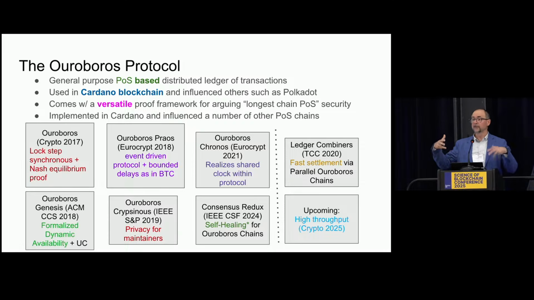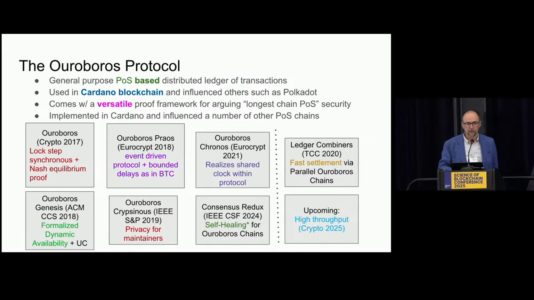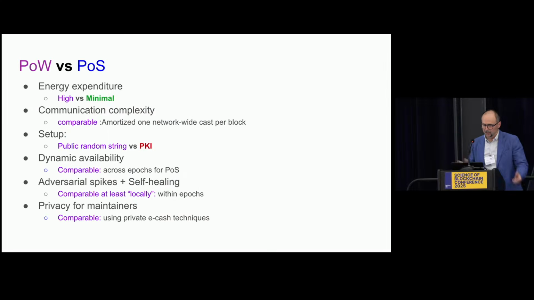Furthermore, the proof framework itself found use going back to Bitcoin, and using the same framework, we were able to analyze the Bitcoin blockchain in a more refined way, coming up with results such as a tight analysis of its settlement properties. So with this and many other efforts, such as the Ethereum merge, in many respects proof of stake has been shown to be a good replacement for proof of work. And it does so, of course, with the promise of minimal energy expenditure.